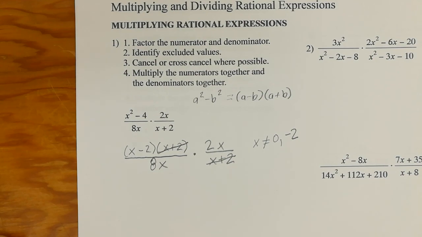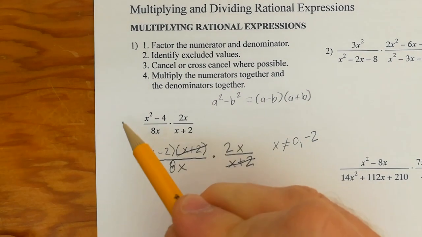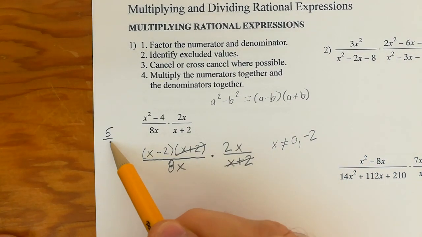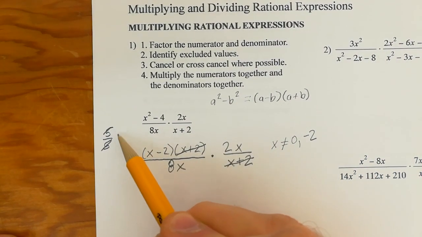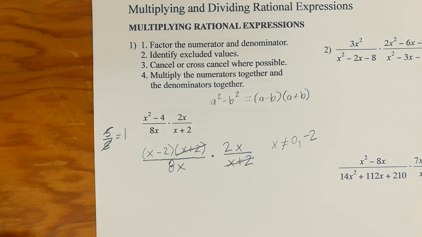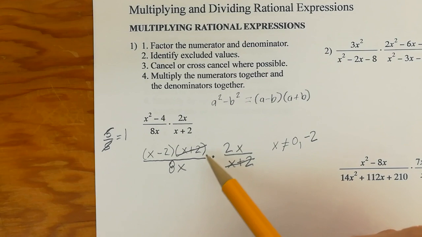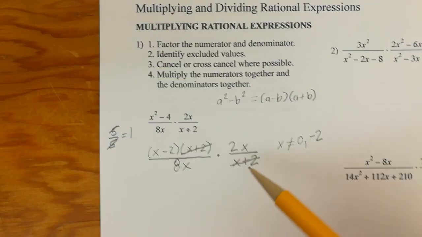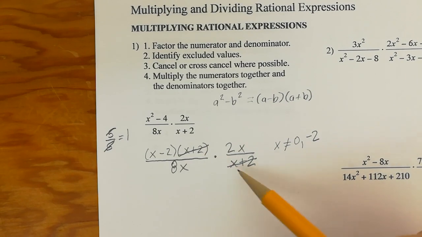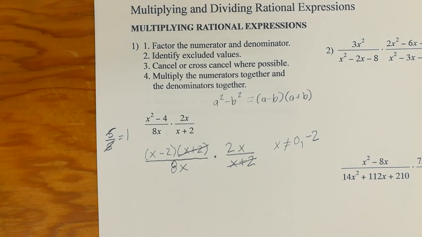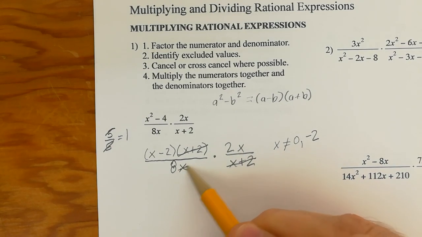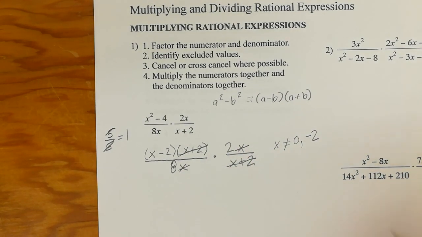If you recall, with some numbers, if you have 5 over 5, those cancel out to 1, right? You don't usually have to write that 1, because if you have 1 multiplied by other stuff, you don't have to write it down. So that's what's happening here. That remaining 1 will be multiplied by the other stuff. We also have these x's that we can cross-cancel, all right?